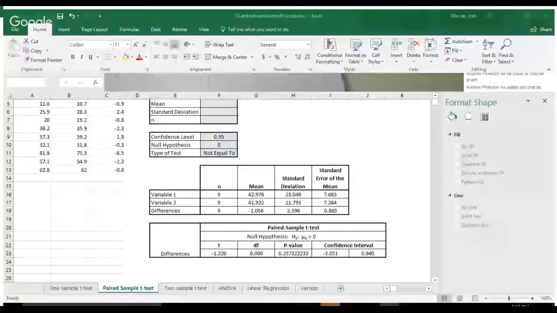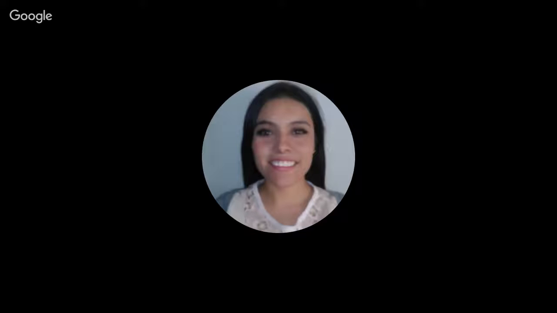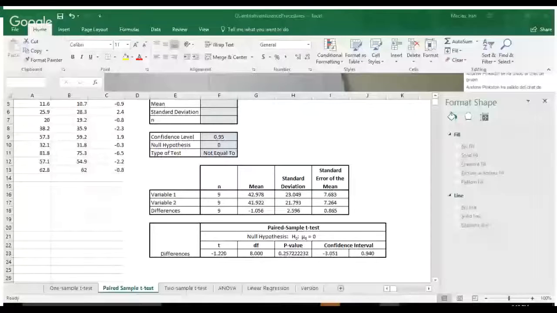So did you figure out what the p-value is from our test distribution? The t-distribution applet. Yeah, I have it here, I think. What did you get for the p-value? Minus 1.220.